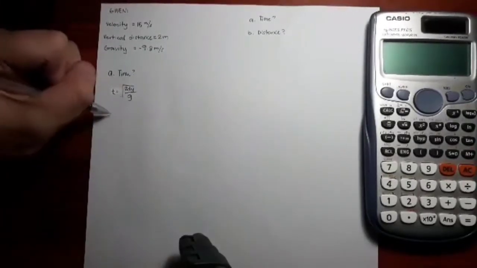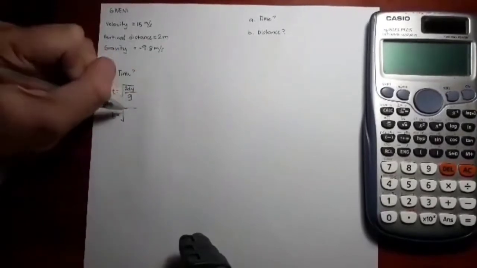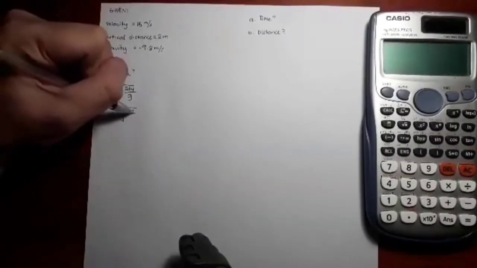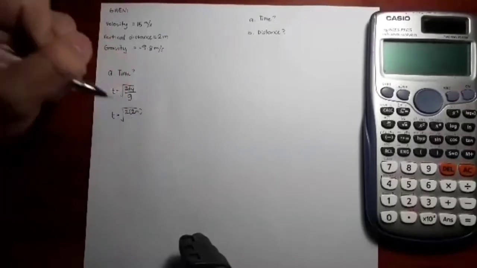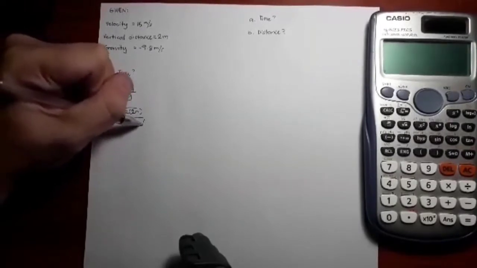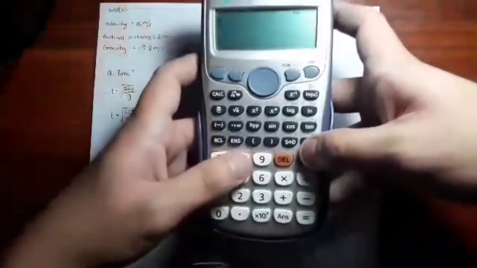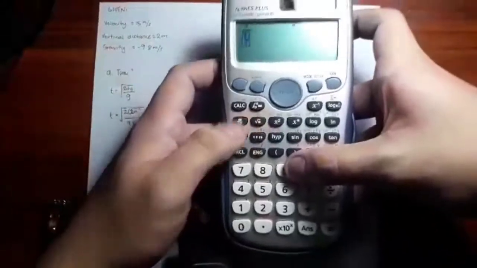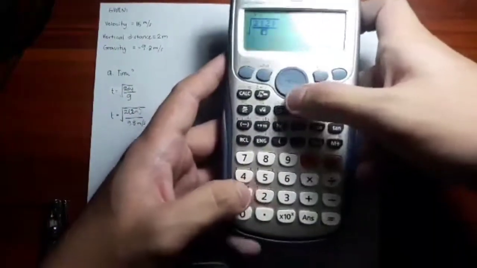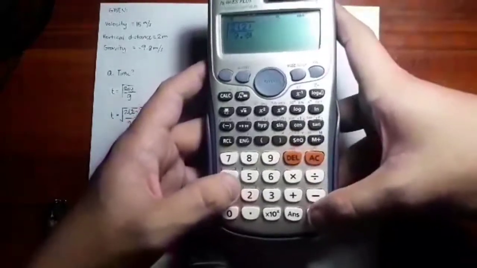So, time is equal to the square root of 2 multiplied by the vertical distance, which is 2 meters, over gravity, which is 9.8 meters per second squared. And now, we input this in our calculator, which is the square root of 2 multiplied by 2 meters over gravity, which is equivalent to 9.8 meters per second squared, to get time.